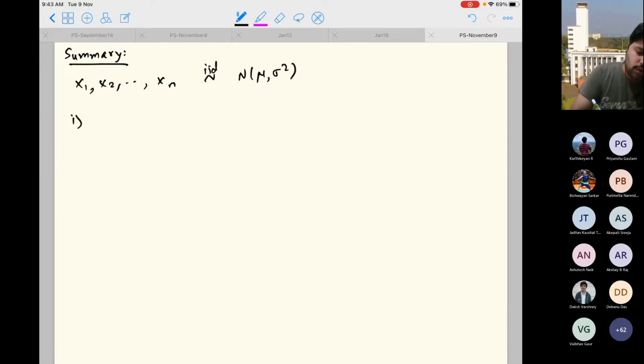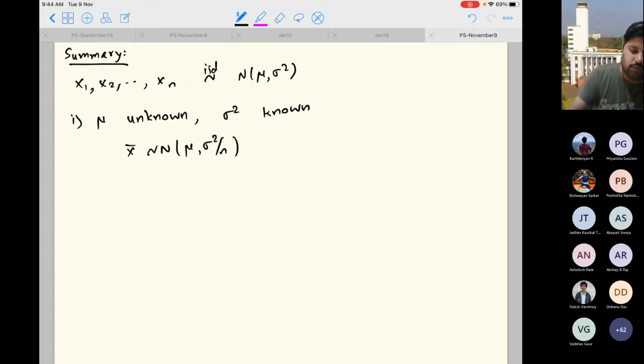With mu unknown and sigma known, x bar follows normal density with mu and sigma square by n, and x bar minus mu divided by sigma by root n follows normal 0, 1. So you have the standard normal random variable.